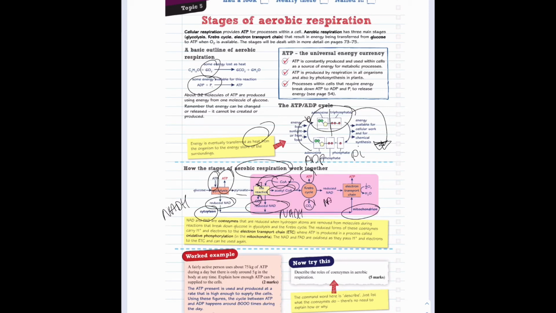And the reduced NAD that we've got produced from the Krebs cycle and from the link reaction and from glycolysis will all enter the electron transport chain to undergo oxidative phosphorylation, and that is when the reduced NAD will give up its H plus and the electrons to the electron transport chain, where they will produce ATP, as well as the H will combine with the oxygen to produce water, and now they will be oxidized again to NAD and FAD, and so they'll be reused again in the beginning.